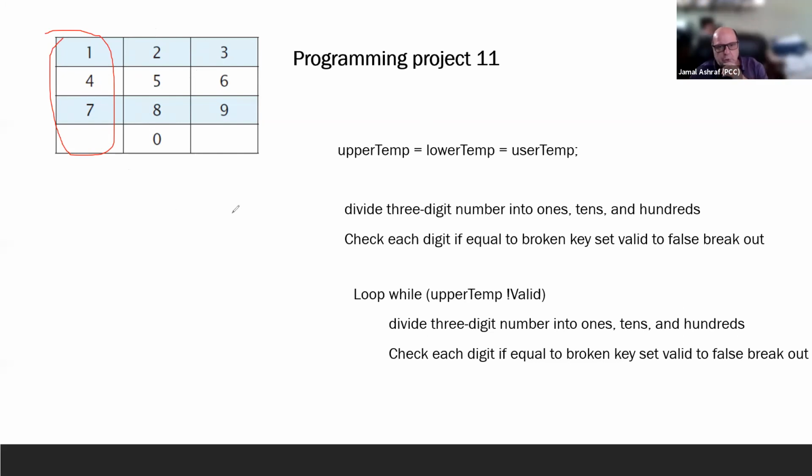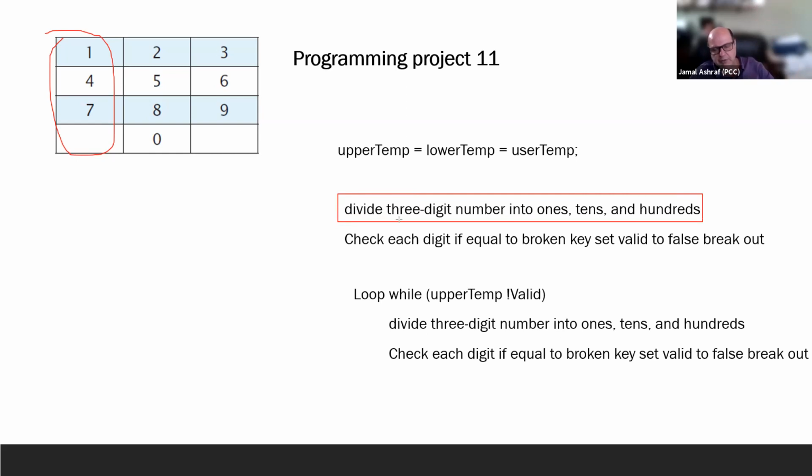So to approach this, first I need to divide my number. My input is a 3-digit number, so I'm going to be sure it is a 3-digit number. If it's not, I'm going to ask again until I get a 3-digit number.